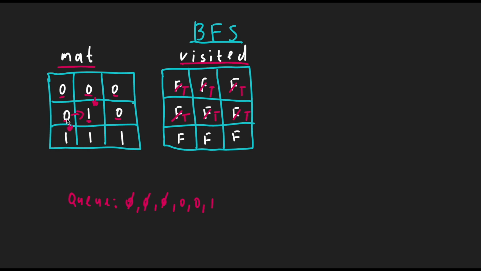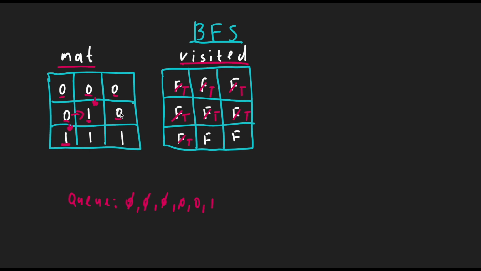The value of this cell is 0, that's why we mark that as a 0. 0 plus 1 gives us 1, and we are marking it as 1, and we are marking that as true in our visited matrix.